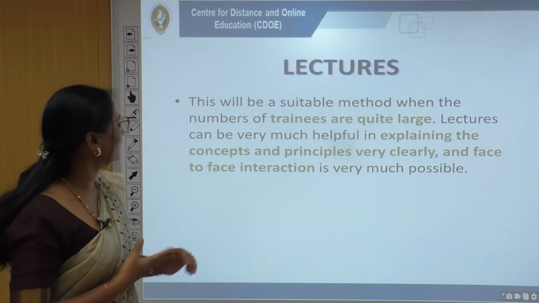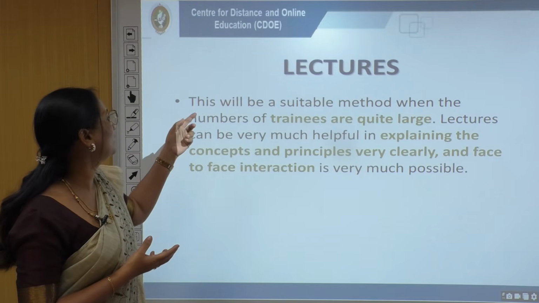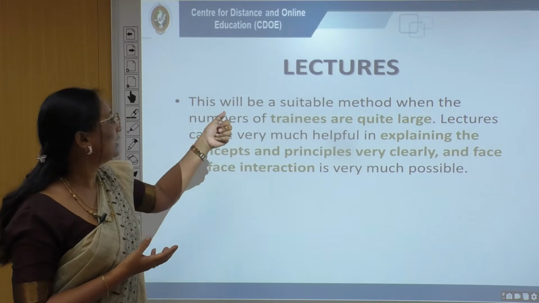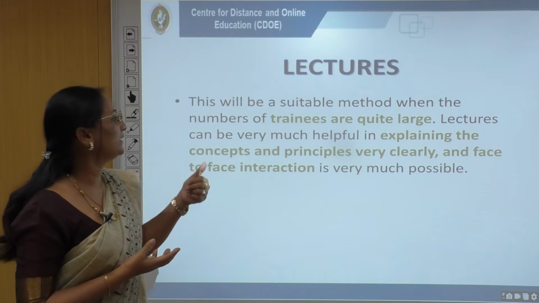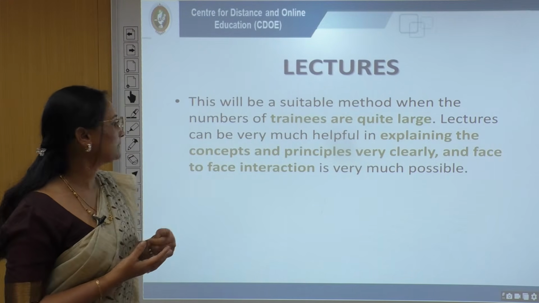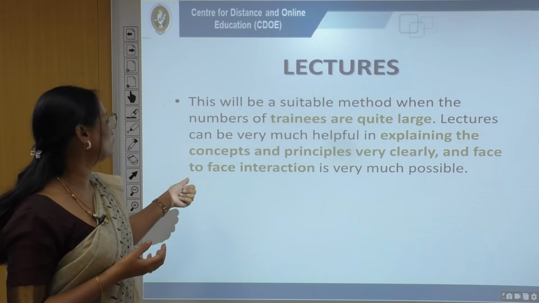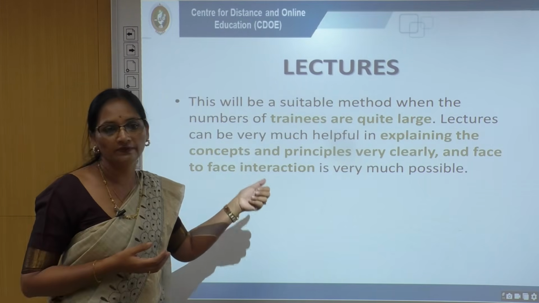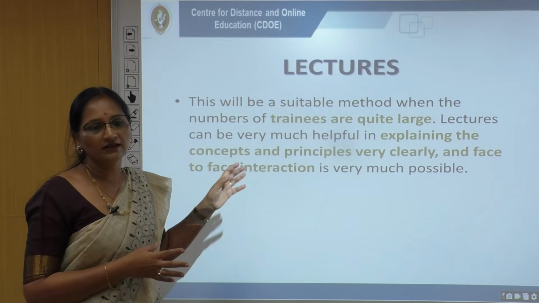And the lecture method, everybody knows this. It will be a suitable method when the number of trainees is quite large. A lecture can be very helpful in explaining concepts and principles very clearly, and face-to-face interaction is very much possible. So we can generally understand the lecture method.